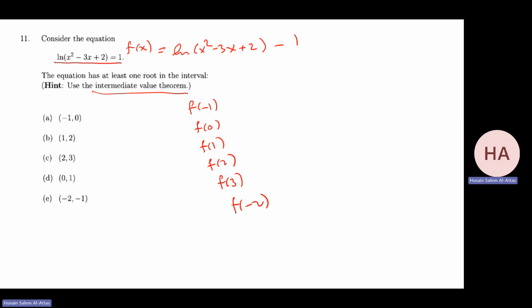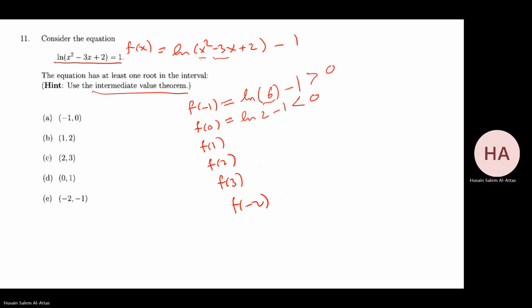So f of minus 1, it will be what? Ln of 1 plus 3 plus 2, which is ln 6 minus 1. I know ln e is 1, and 6 is greater than e, so this is positive. F of 0 will be ln 2 minus 1, which is negative.